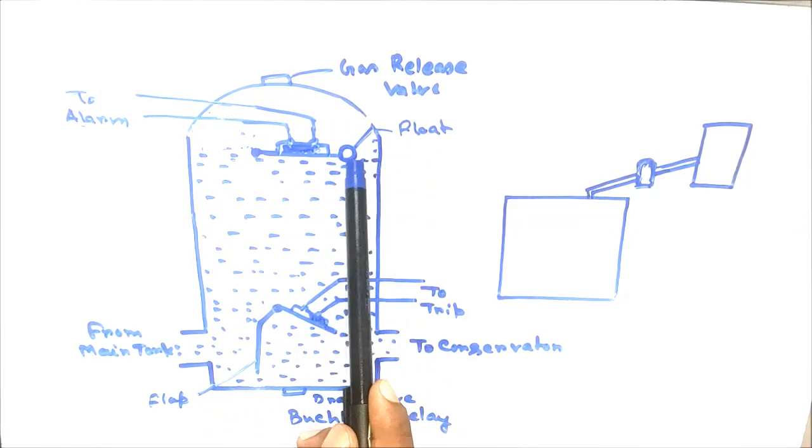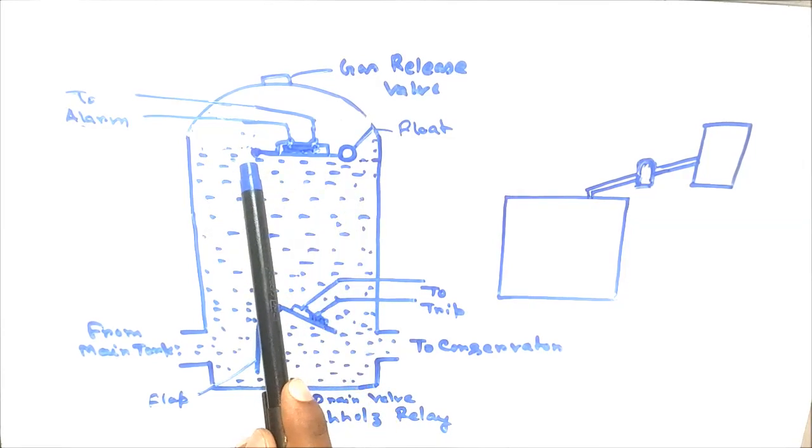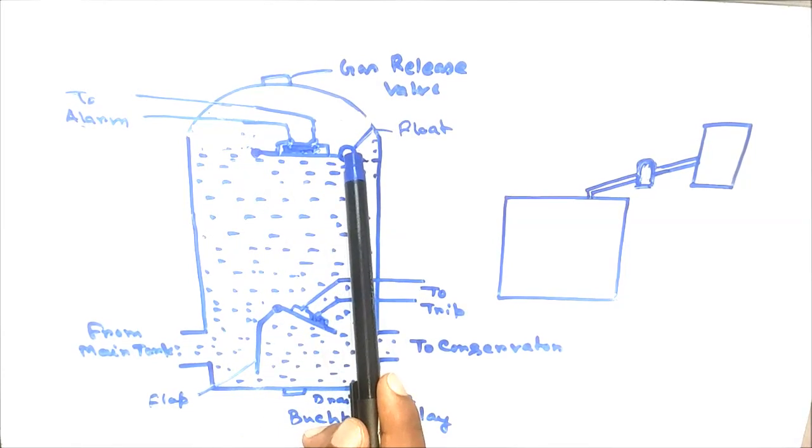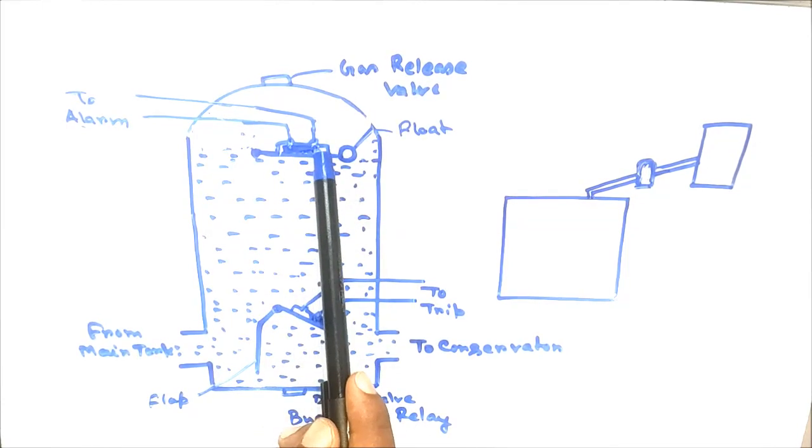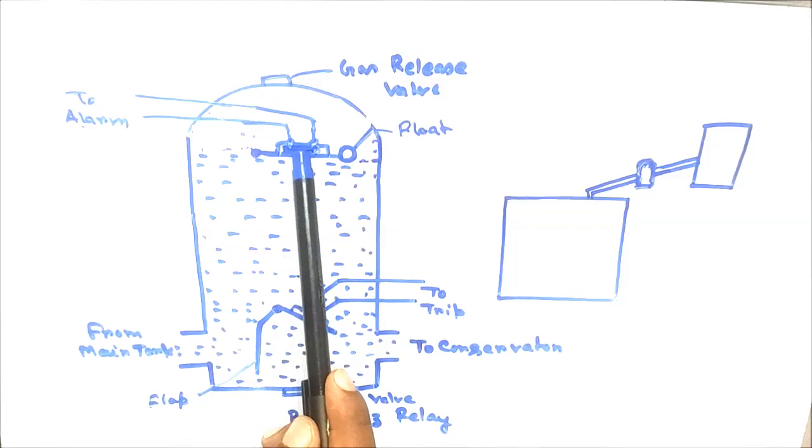Therefore the float connected with this hinge moves downward and inclines to a horizontal position, and therefore the Mercury switch connected with this float will incline to a horizontal position.